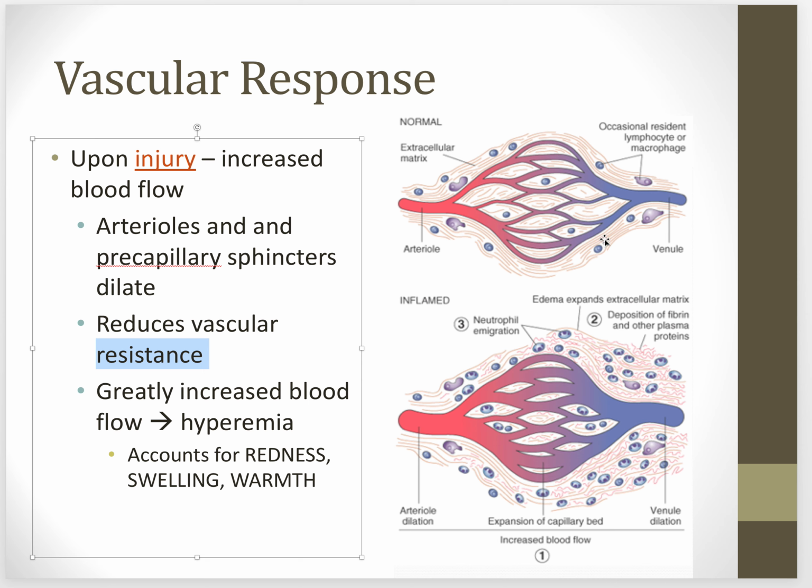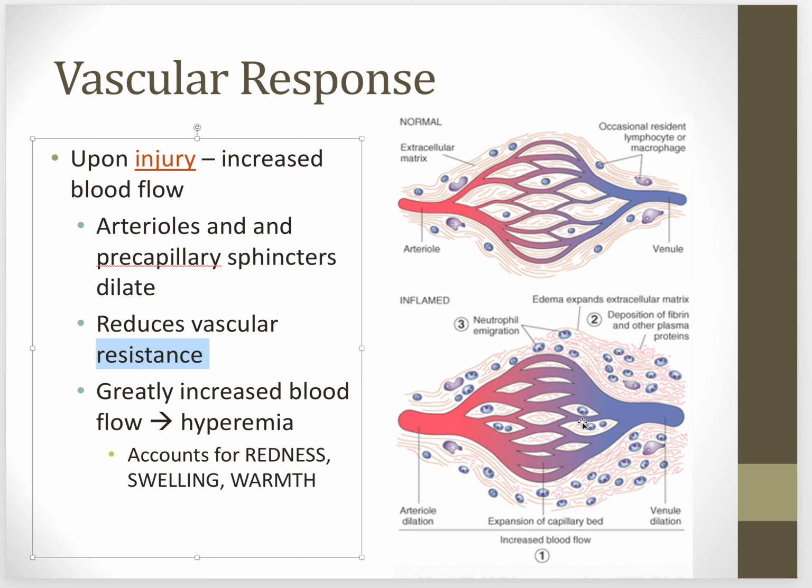They have high resistance. It's hard to get blood flow through them. When those precapillary sphincters dilate and we have blood coming in, like in this picture, we have tons of blood flow engorged in this capillary bed, there's now reduced resistance because the dilation of the precapillary sphincters makes that space that blood flows through much wider. So resistance of the vessels to flow is going to go down.